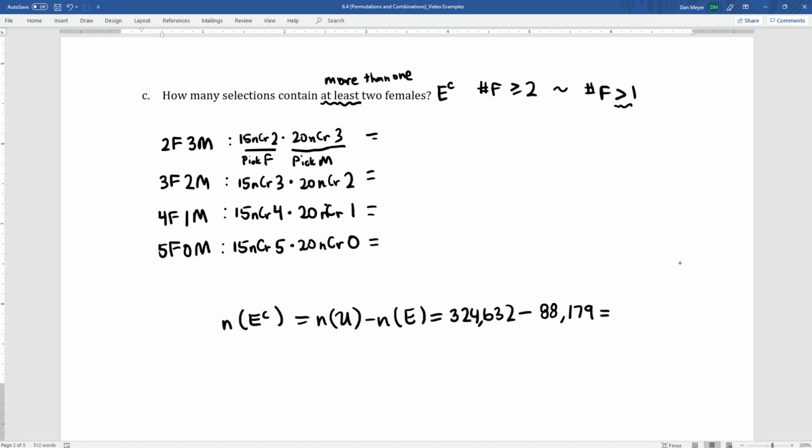And when you do the subtraction problem, it'll give you 236,453 groups that have at least 2 females. Now, I would also encourage you to do these calculations too and add them up and see that they add up to 236,453.